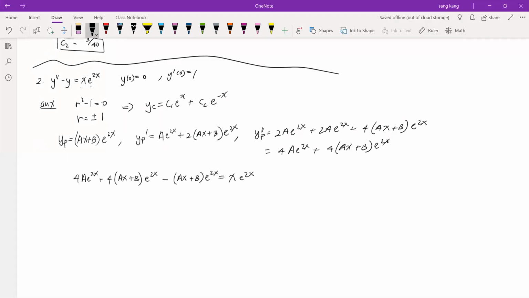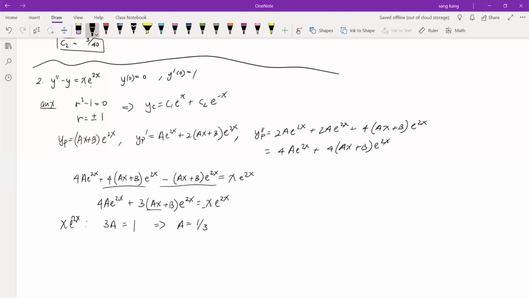We can subtract one of these from this guy, so we have 4a plus 3b. Okay, now let's sum up all the coefficients for x e to the 2x. So we only have this term here. So we have 3a that equals 1. Therefore, a equals 1/3.